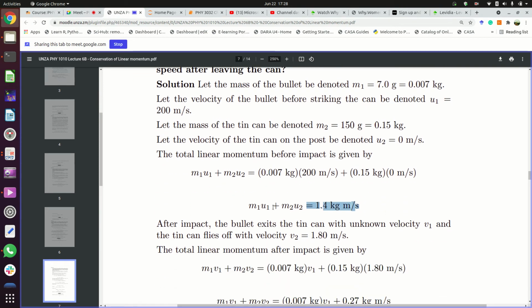Now, after the bullet strikes the can, the bullet continues on its journey with a velocity which we do not know, and that velocity of the bullet after it strikes the can, we are calling v1. Remember, we can call this velocity v1 because we are always assuming that the velocity of these objects before they collide and after they collide is constant.